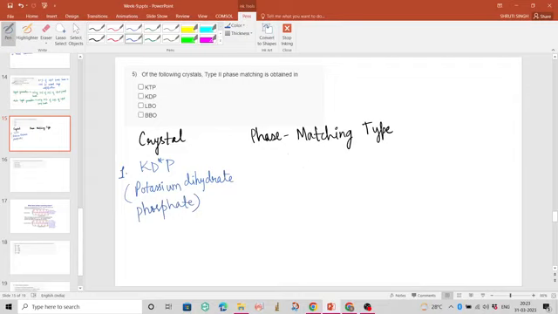Okay, it has a type 2 phase matching. The second one is KTP, which is potassium titanyl phosphate.